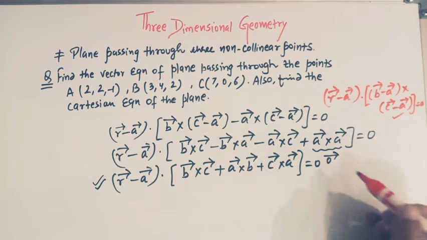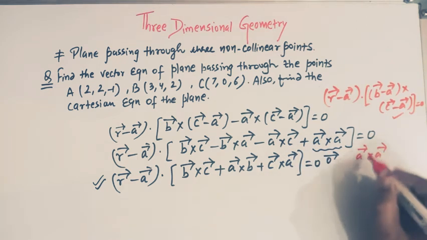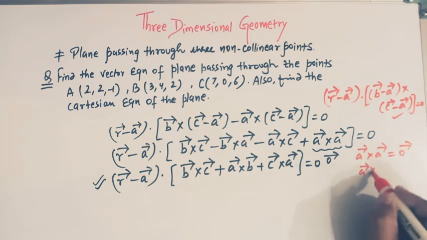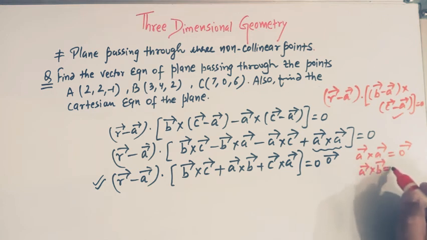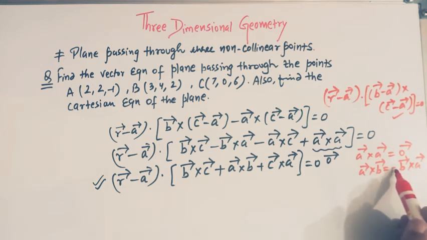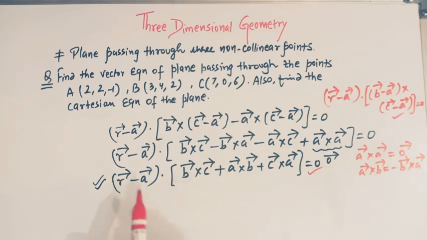Now here we have used the relation that the cross product of two similar vectors is always a zero vector, and A cross B is equal to minus of B cross A, because if we reverse the positions, then we get a negative sign here, right? Okay, now this is the vector equation, and further we can simplify it by taking the dot product of these two vectors, right?